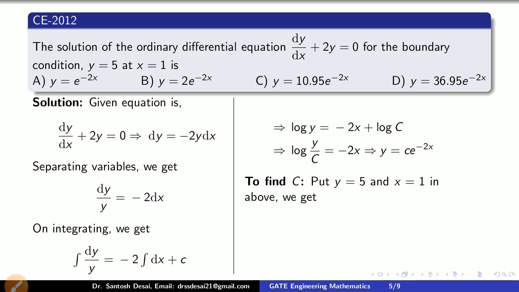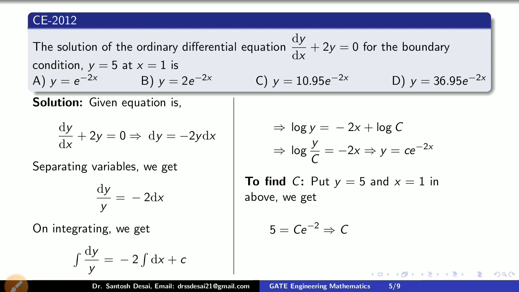So now let us see how to find the value of c. Now it is given that y is equal to 5 at x is equal to 1. So this initial condition, sorry, boundary condition is given. Now just put y is equal to 5 and x is equal to 1 in the above solution. So we get 5 is equal to c into e raised to minus 2.